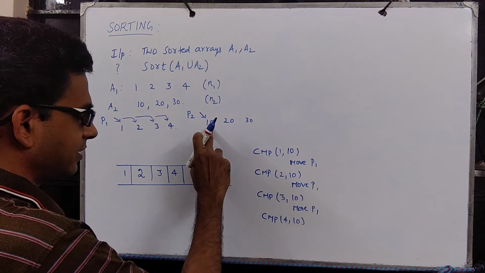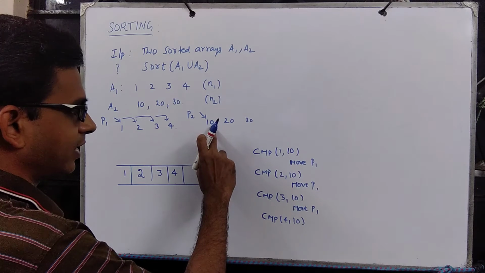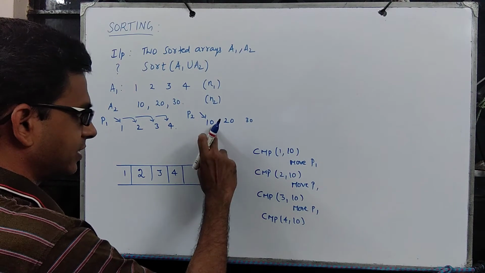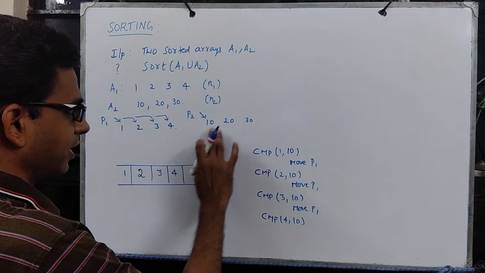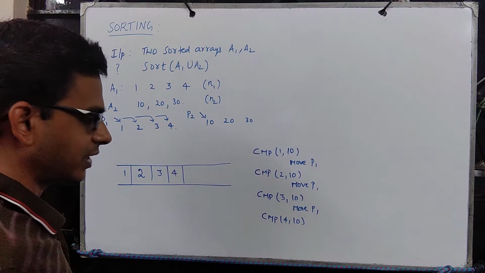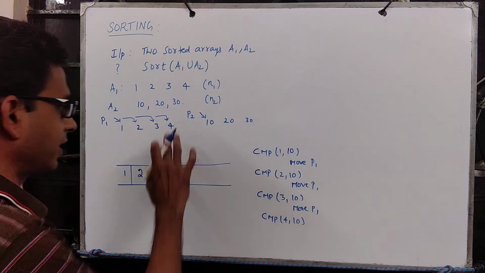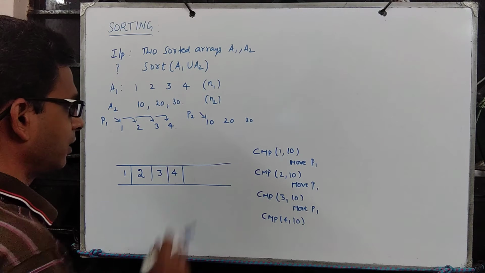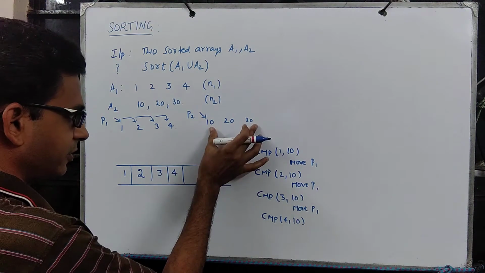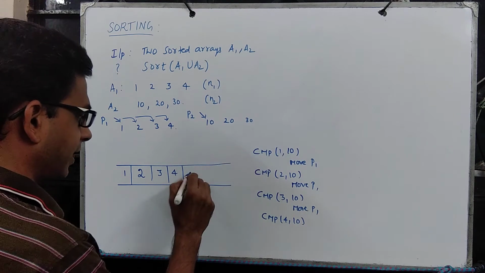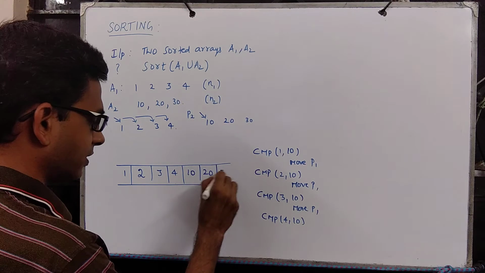So if the minimum comes from this, all the values starting from P2 are at least this. Now we have exhausted P1, with no further comparison. You simply copy the rest of the contents of this.